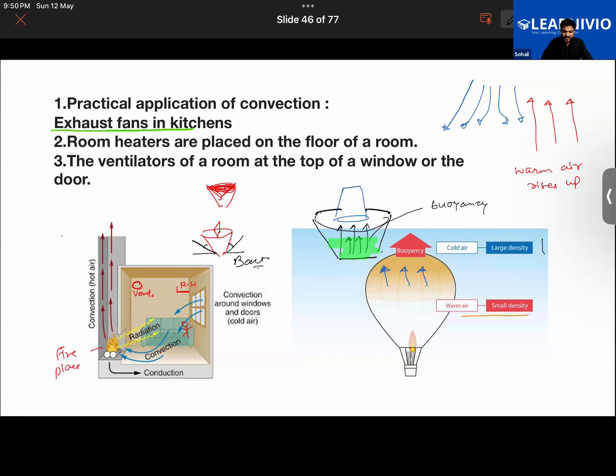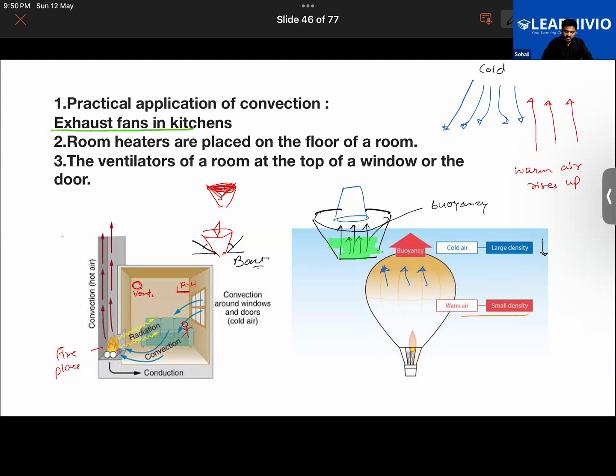So it applies a downward force, like we studied about the cold air trying to come down. Cold air having large density will apply a downward force on this hot air balloon. But due to the warm rising air, it will also apply an upward force called the force of buoyancy. Because of this, it rises up in the air.